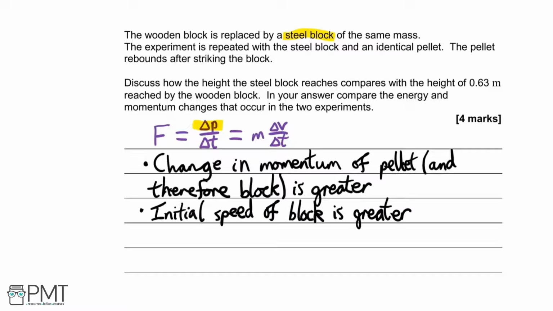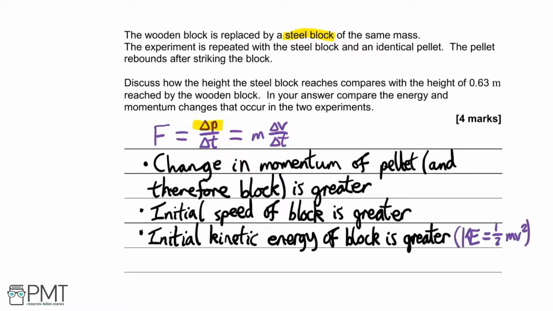What that would therefore mean is that if it's got a larger speed, it's got a larger kinetic energy. Remember that kinetic energy is equal to 1/2 times mass times velocity squared. And then the last thing to say is that where that kinetic energy is all converted into gravitational potential energy, the block reaches a larger height.